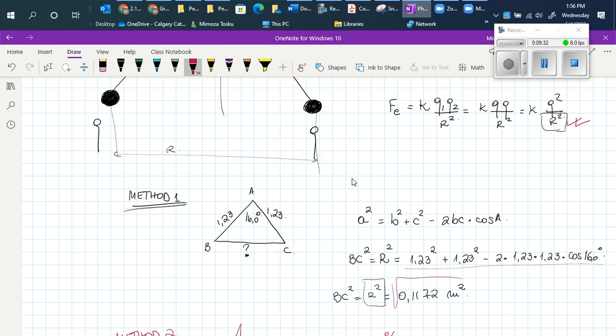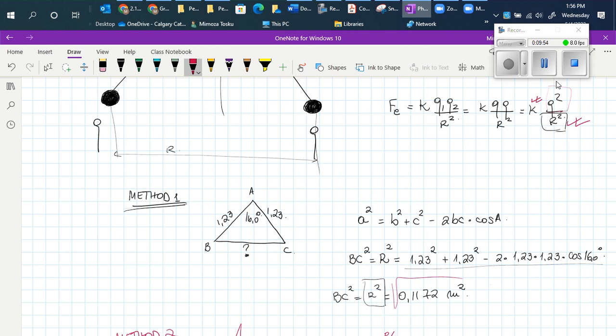We know Coulomb's constant, because it is from the data table, and we don't yet know how to find the charge that those two identical spheres have.